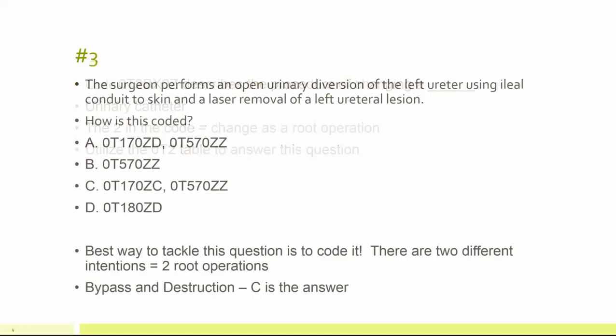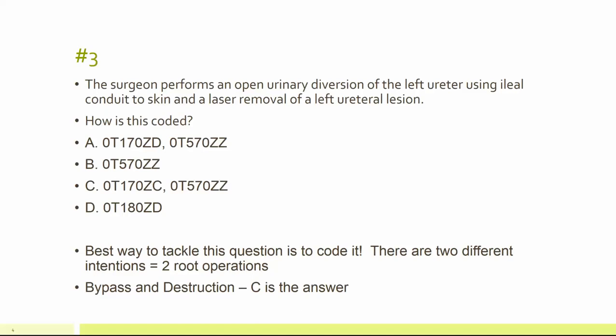Number 3, the surgeon performs an open urinary diversion of the left ureter using an ileal conduit to the skin and a laser removal of a left ureteral lesion. How is this coded? And they give you 4 options. Before we even look at the options, we need to look at that statement.